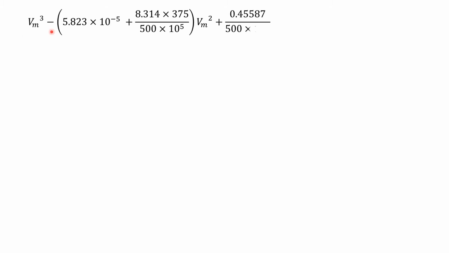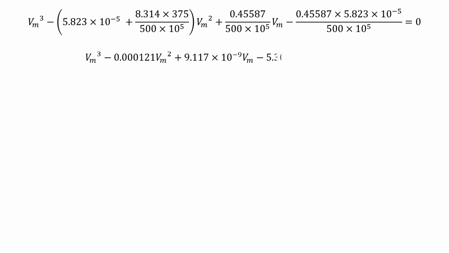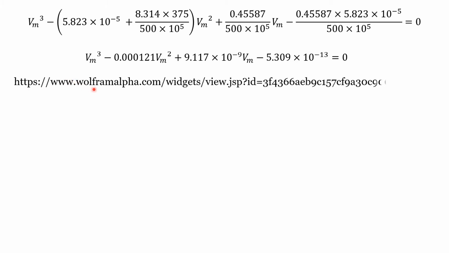So after putting in all values, we will get this equation. Now we can simplify, and after simplification we will get this equation. Now we can go to this website, where we will put the coefficients of Vm cube, Vm square, Vm and the constant, and we will get the values of Vm.